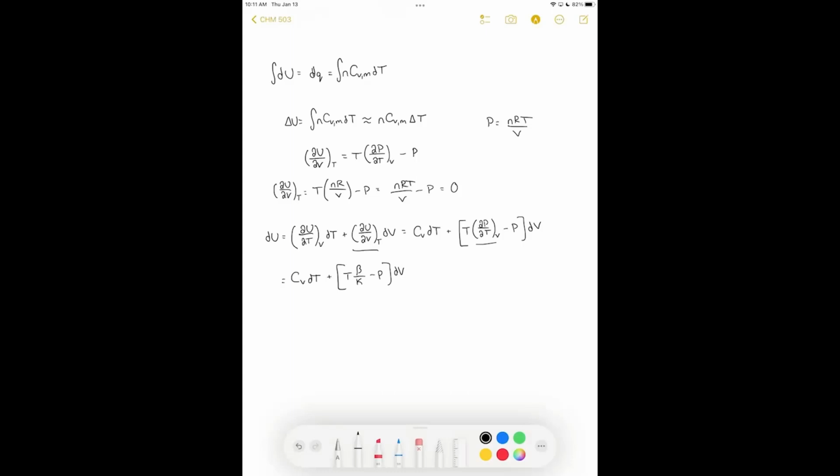As we see here, the internal energy is technically a function of temperature and volume. But for an ideal gas, the volume dependence ends up being 0. Since most gases behave like ideal gases under most situations, it turns out that it's usually appropriate to assume that the internal energy is only changing as a function of temperature. This is going to be true for any gases that are under normal conditions.